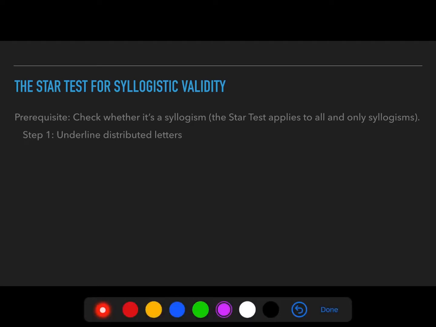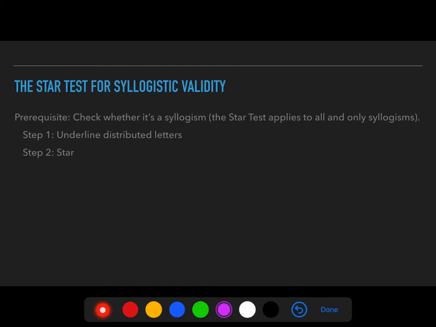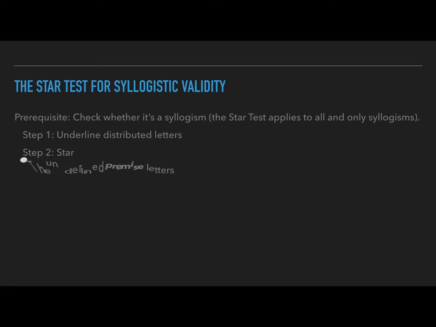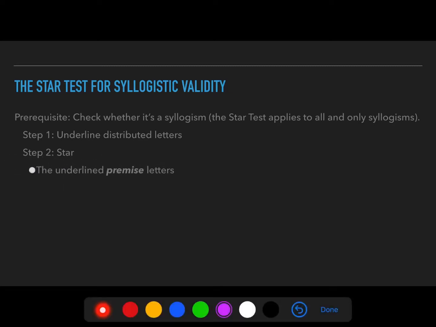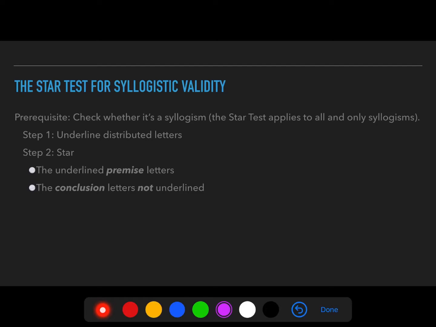So, step one. You're going to underline the distributed letters, just like we've been doing. Step two, you're going to use that underlining to help you know what to star. So you're going to star the underlined premise letters. If it's in a premise and it's underlined, you're going to star it. But this is where sometimes people get stumped doing this for the first time, where mistakes happen.